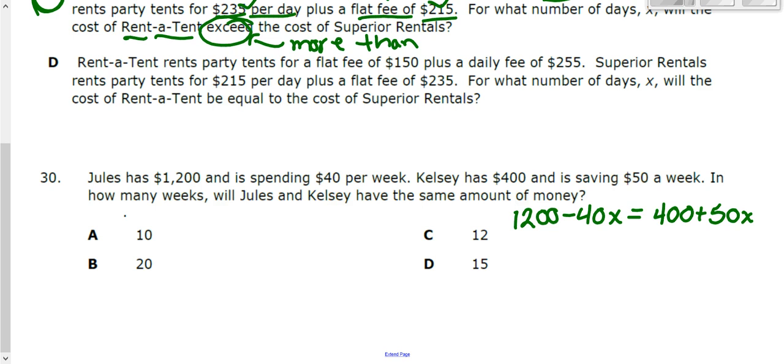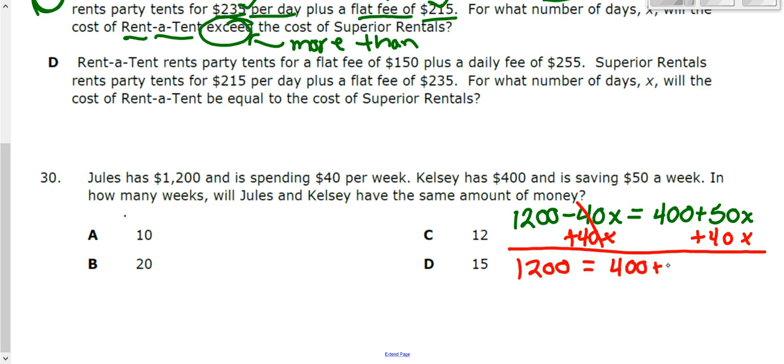And I need to solve this. So I need to get x by itself. I'm going to add 40x to get rid of the x over here, and I'm going to add 40x to the right side as well. So 1200 equals 400 plus 90x. Now I need to get this 90x isolated, so I'm going to get rid of the 400 by adding negative 400 to both sides.